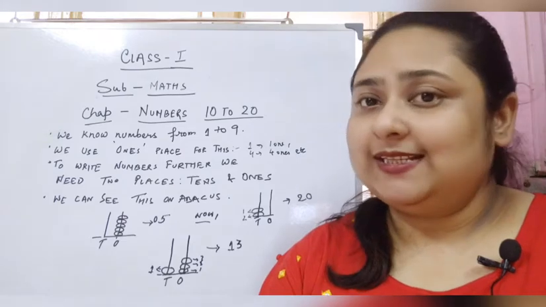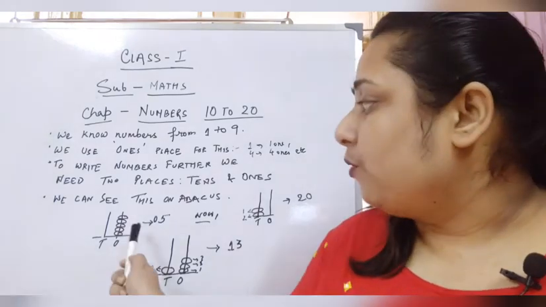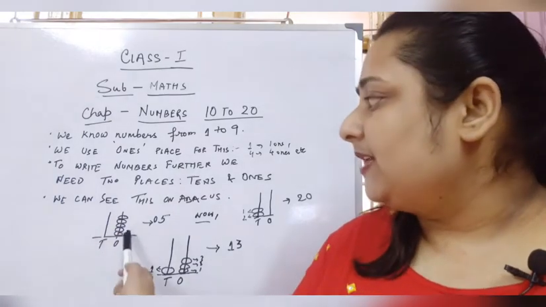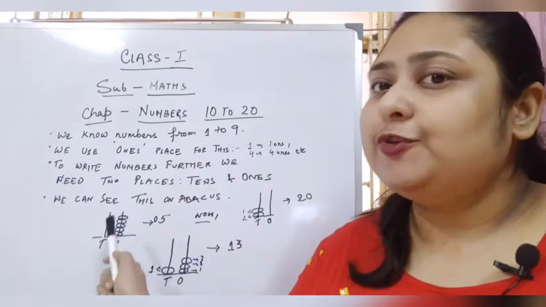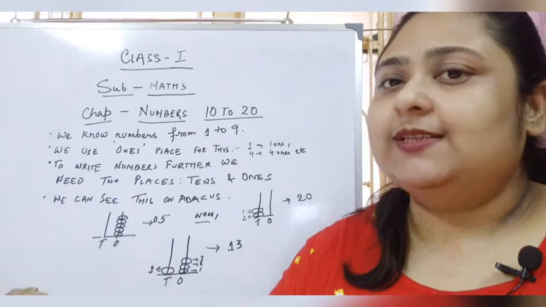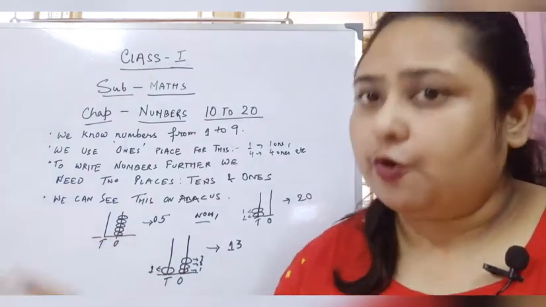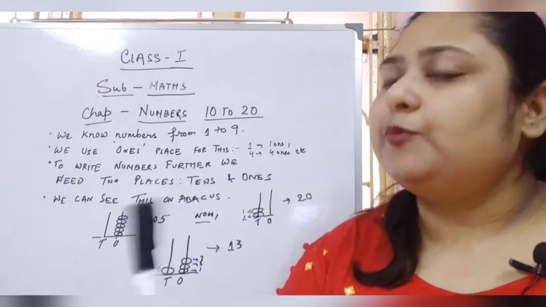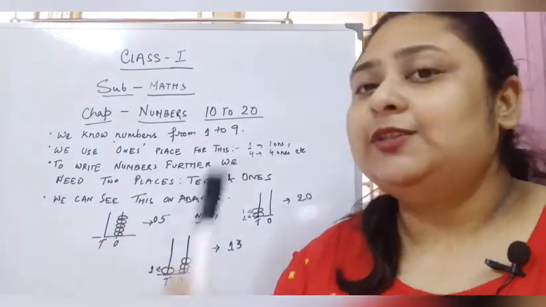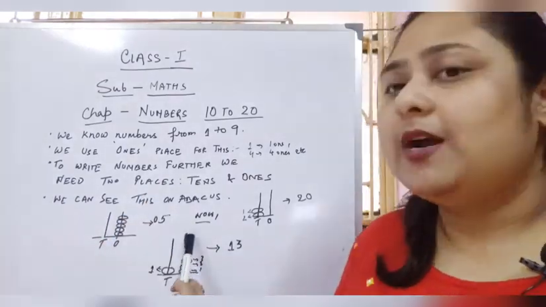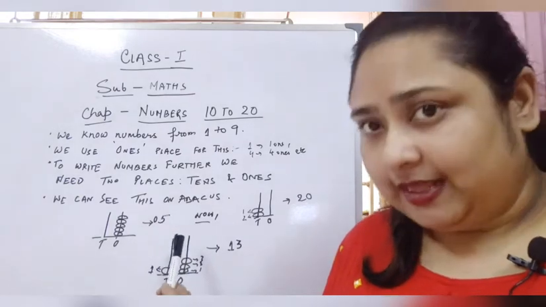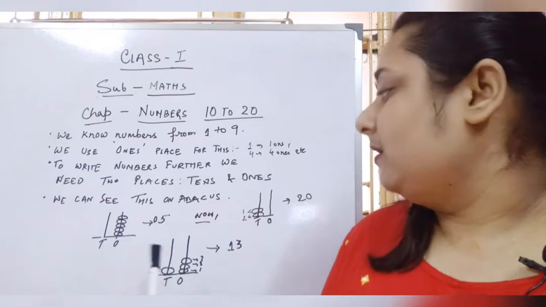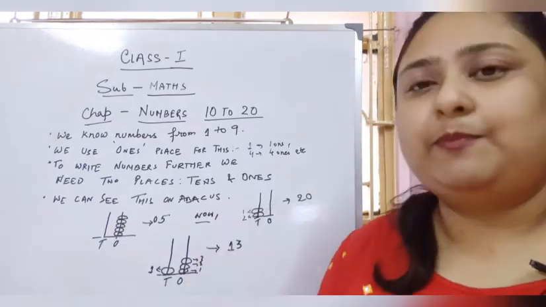So children, as I said earlier that at ones place only 9 beads can be put. So as soon as it becomes 9, we have to shift 2 beads in the tens place to show the number 20. Like number 13, we can continue up to number 19. As soon as this bead becomes 9 in the ones place, we have to put another one bead at the tens place.